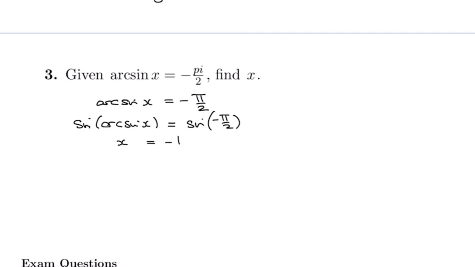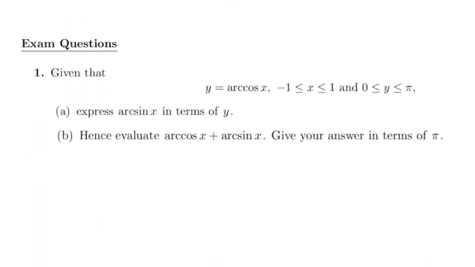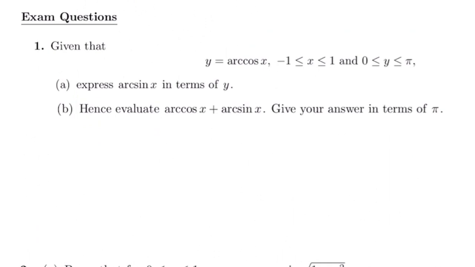Okay. Now we're going to look at some quite complicated questions that involve using these inverse trig functions. Now the first one says, given that y equals arc cos x, and you're given the range and domain, express arc sine x in terms of y, and hence evaluate arc cos x plus arc sine x, giving your answer in terms of pi.